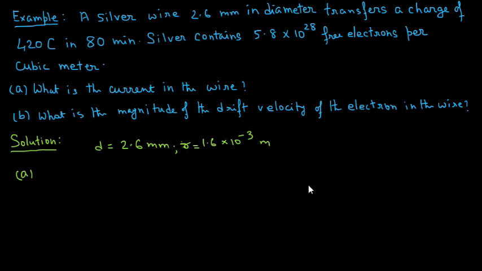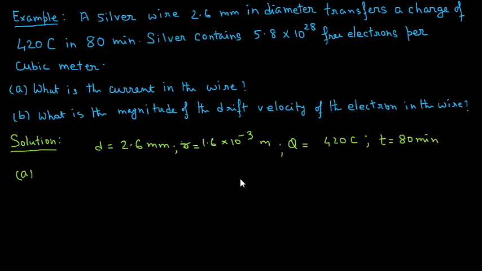Now what else is given? So Q is given to us. We can write Q, the charge, 420 coulomb. Time is given to us, that is t is equal to 80 minute.